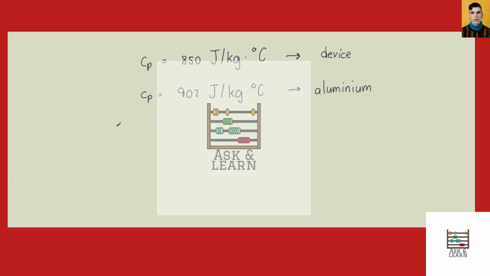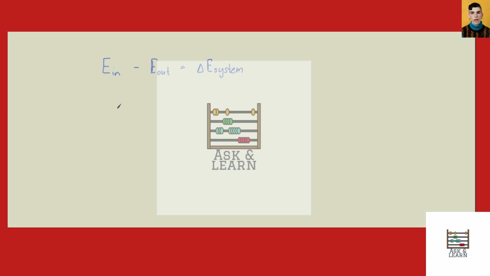So for the first case, without the heatsink, we'll look at the energy balance of the system. The energy in, and we'll take the device to be the system, minus the energy out of the device is equal to the change in the energy of the device, delta E. Now the energy in is electrical energy, so that's the work done due to the current into the device, W_E.